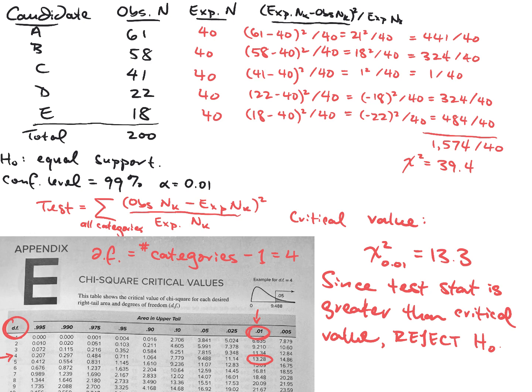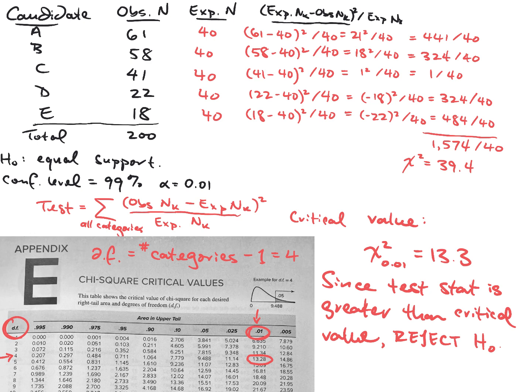So in this case, these numbers are different enough from being evenly spread that we can say some of the candidates have stronger support than others. This is not equal. Now, we can't necessarily say that candidate A has stronger support than anyone else, or that candidate E has weaker support than others.